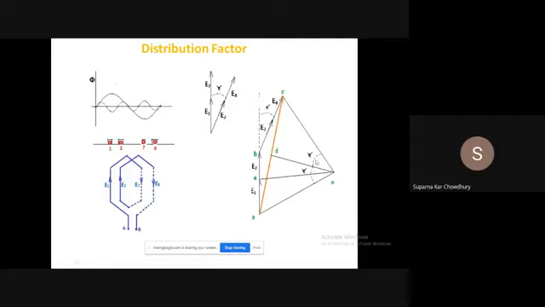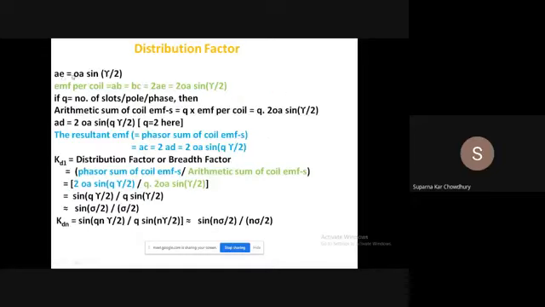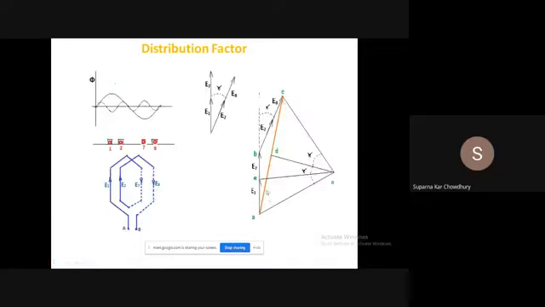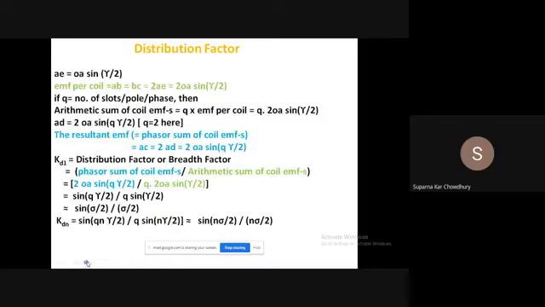So this angle is gamma, this is also gamma. So here is AE, this angle is gamma by 2. So AE equal to OA sine of gamma by 2. So this AB is twice of AE. So AB is equal to BC is equal to twice AE is equal to twice OA sine of gamma by 2.